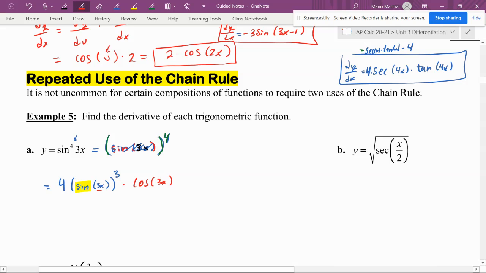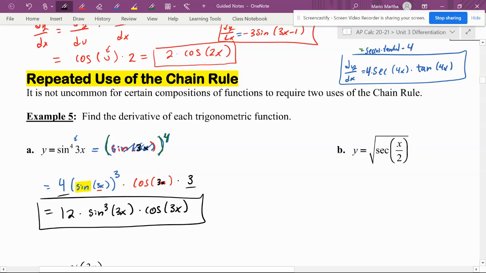And then my last step is to multiply by the derivative of that little inside part, the 3x, which would be just 3. Then you put it all together. So 4 times 3, you get 12 times sine cubed of 3x, times cosine of 3x. And that would be the y prime or dy dx.